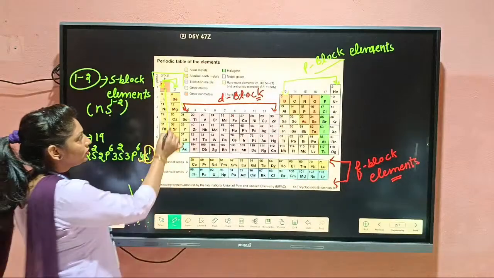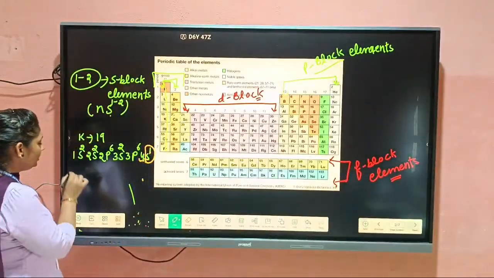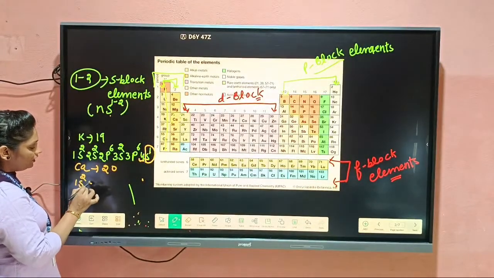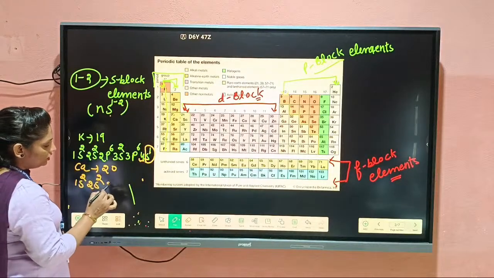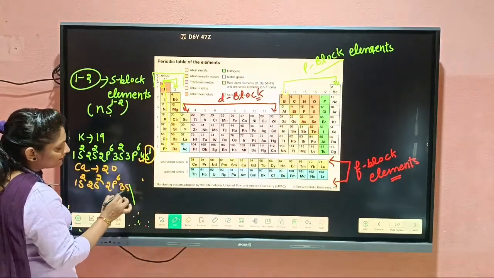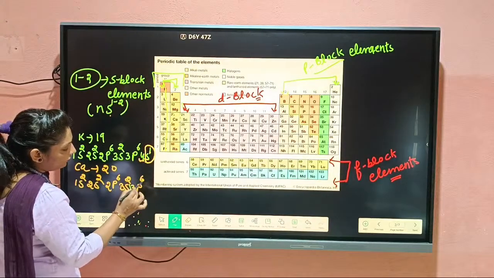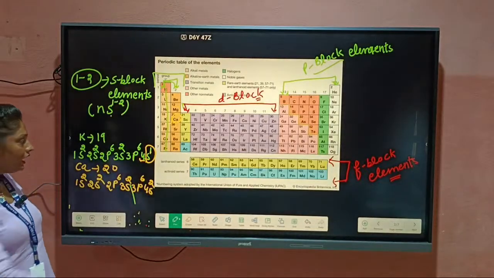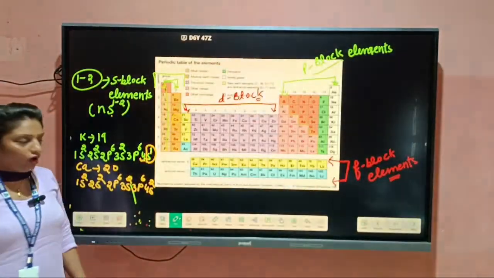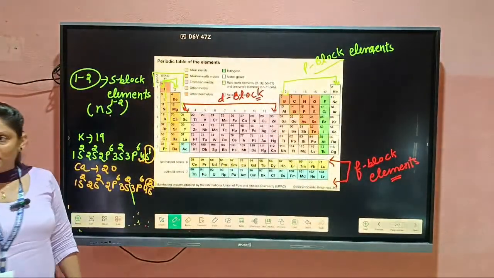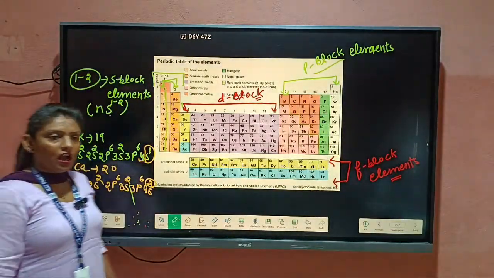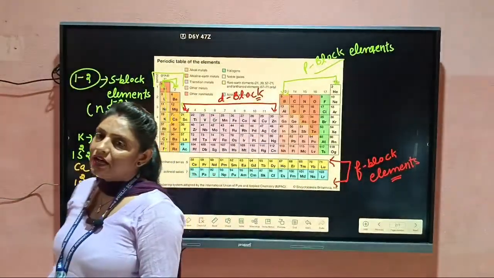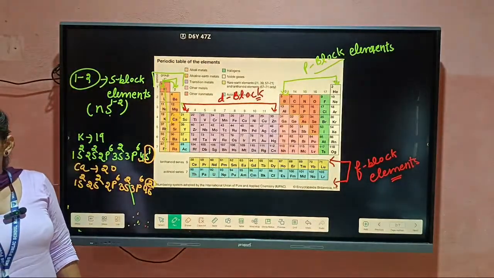If I talk about calcium, which is 20, what will be the configuration? 1s2, 2s2, 2p6, 3s2, 3p6, and 4s2. So either one electron or two electrons may be present in the S orbital, and because the outermost electron is present in the S orbital, these elements are known as the S block elements.